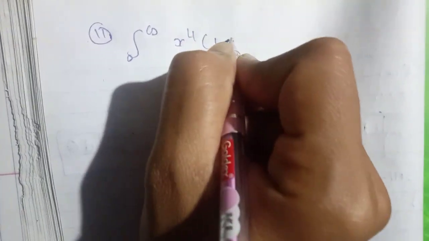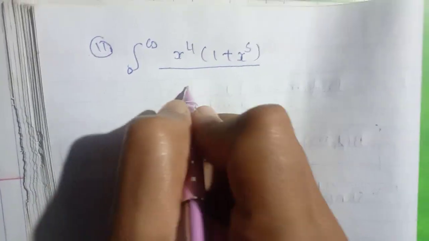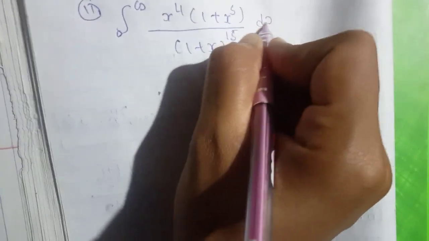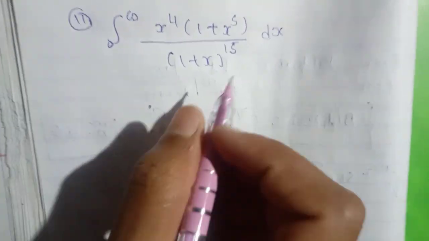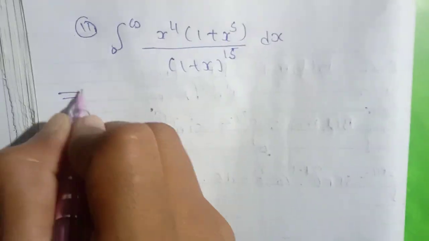Then the second problem, that is the integration from 0 to infinity of x raised to 4 times (1 plus x raised to 5) divided by 1 plus x raised to 15. Same as the first problem.